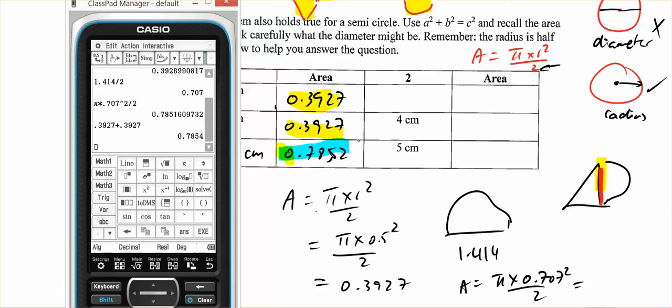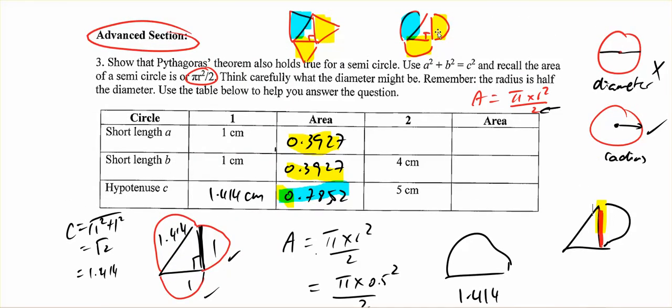Okay, really close. So we may have some errors in our rounding, but essentially when you add these two areas together, we get that area. So does Pythagoras work for semicircles? I'll leave that to you to answer. Hopefully that helps.